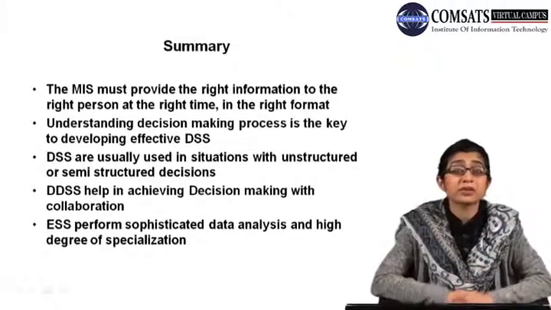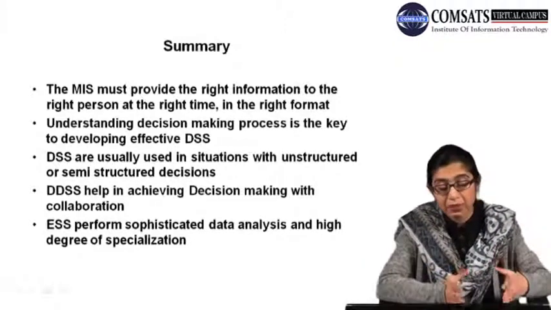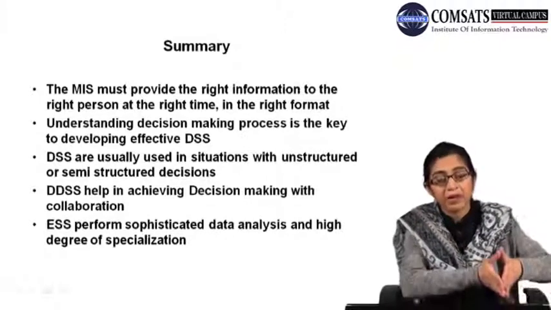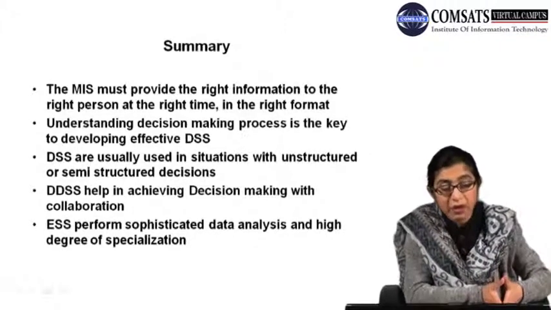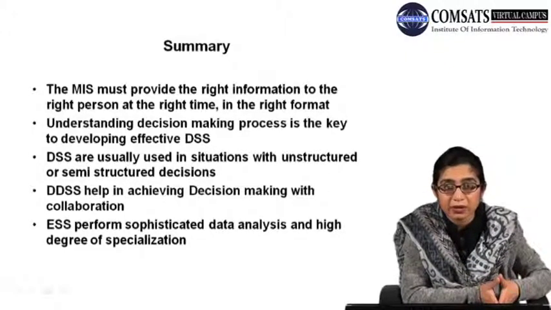So these were the different kinds of information systems helping people do their task better, whether it's decision making, getting information, or looking after the different transactions going on at the operational level.